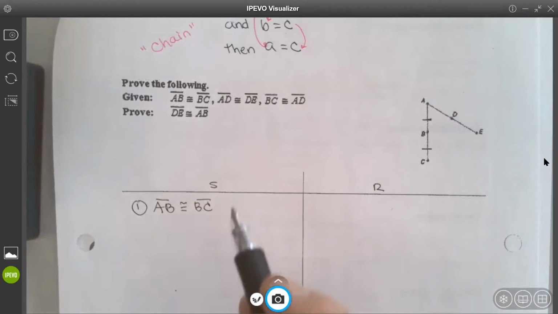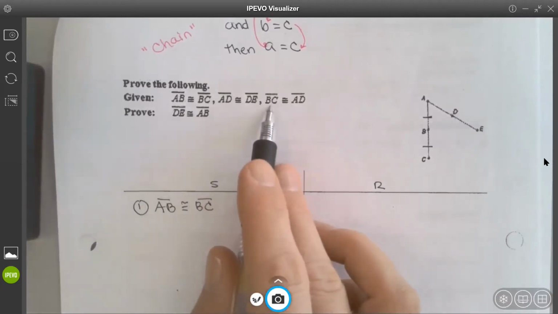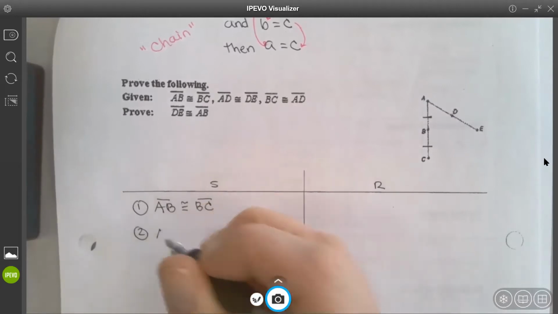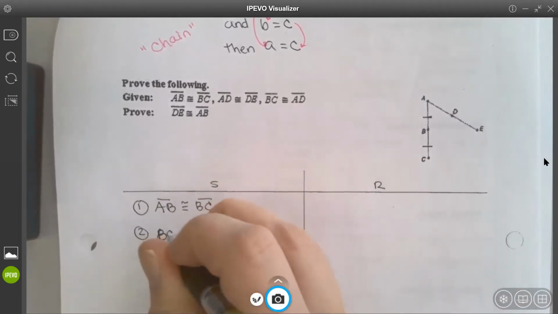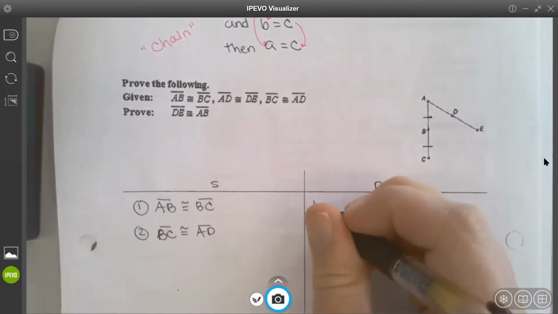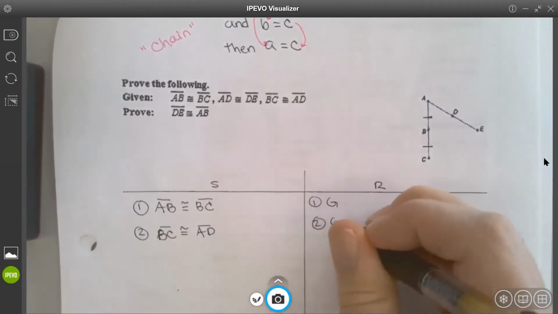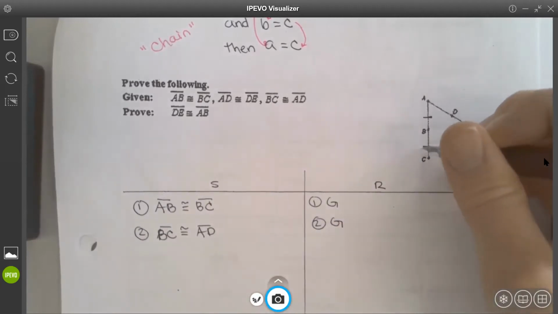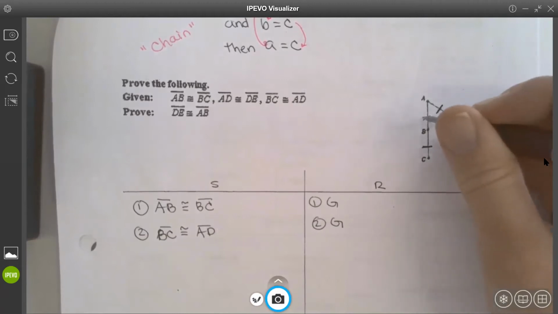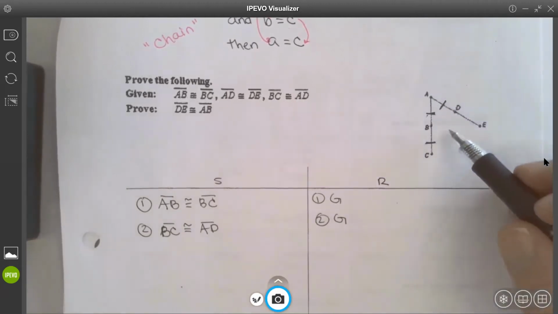Given number 2: BC is congruent to AD. So that would also get a single tick mark. Okay, BC and AD.